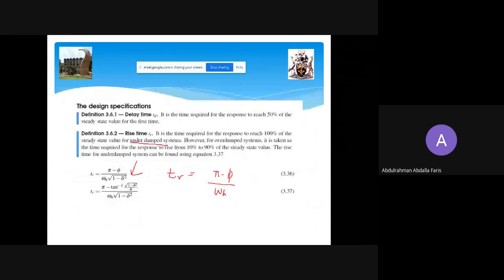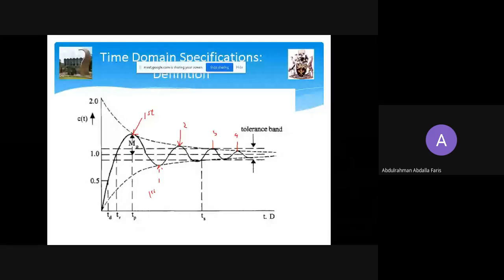Why? Because this is the first peak, then this is second, and this is third, but this one in between is actually an undershoot. So when you are told to get the second peak of the system, you multiply by 3. And when you are told to get the first undershoot, you multiply by 2. So this will be by 3, 1, 1, 2, 3, 4. So the third one will be 5.